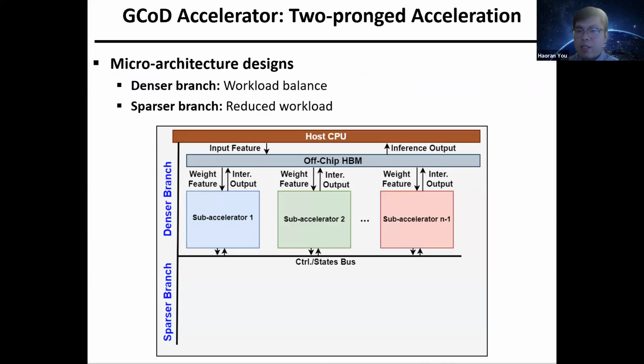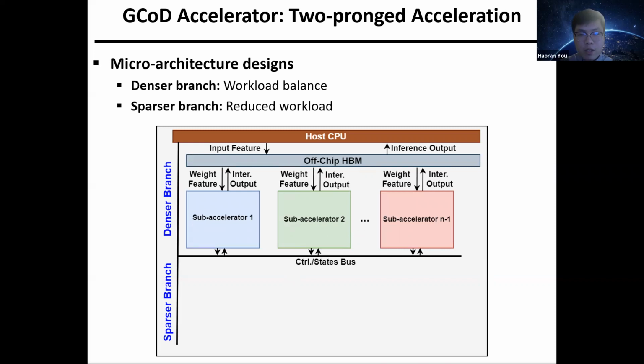And to make such a design principle come true, we consider a two-pronged architecture design, which incorporates different accelerator designs for the denser branch and the sparser branch. As shown in the upper part of this figure, the denser branch processes the enforced regular and relatively dense subgraphs along the diagonal line in the adjacency matrix.